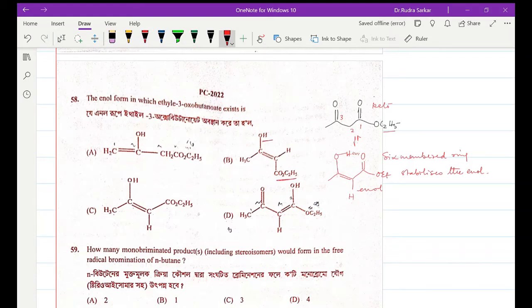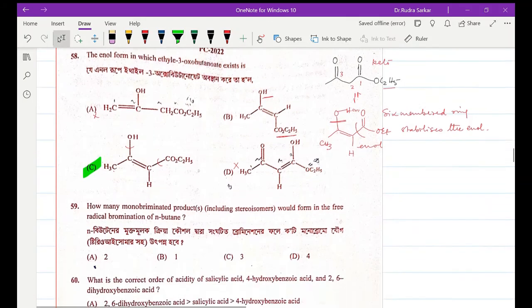This one and that one is lying opposite. So this one will not be the correct option, neither this one. So we have to look for a structure in which this OH group and this group over here are lying on the same side, and that should be this one and that one. So obviously the correct answer over here is going to be C.